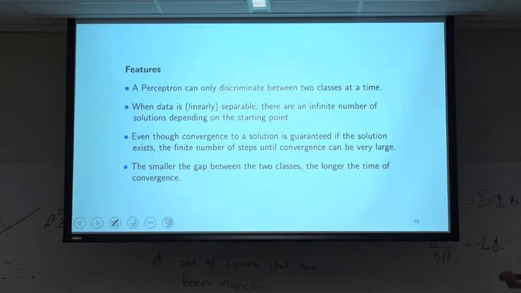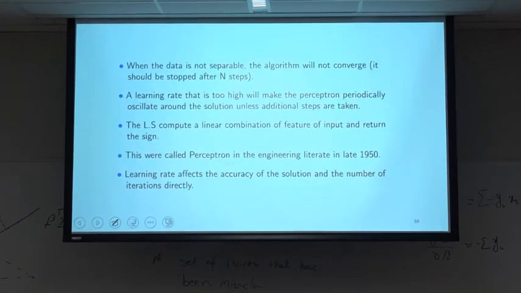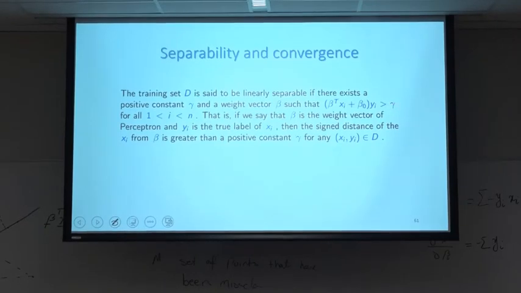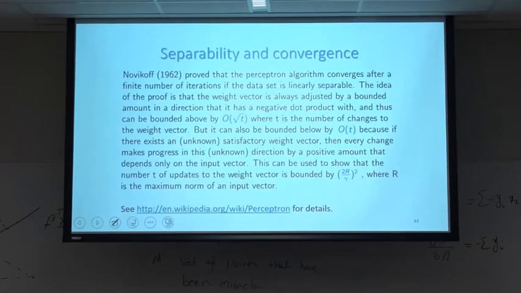People were surprised that they could solve the XOR problem using perceptron, and then they were surprised that, okay, it's linear. I told you about the small gaps, so these are not important. You can see them later, and this is the definition of the gap and the definition of linearly separable, and the convergence rate depends on this constant.